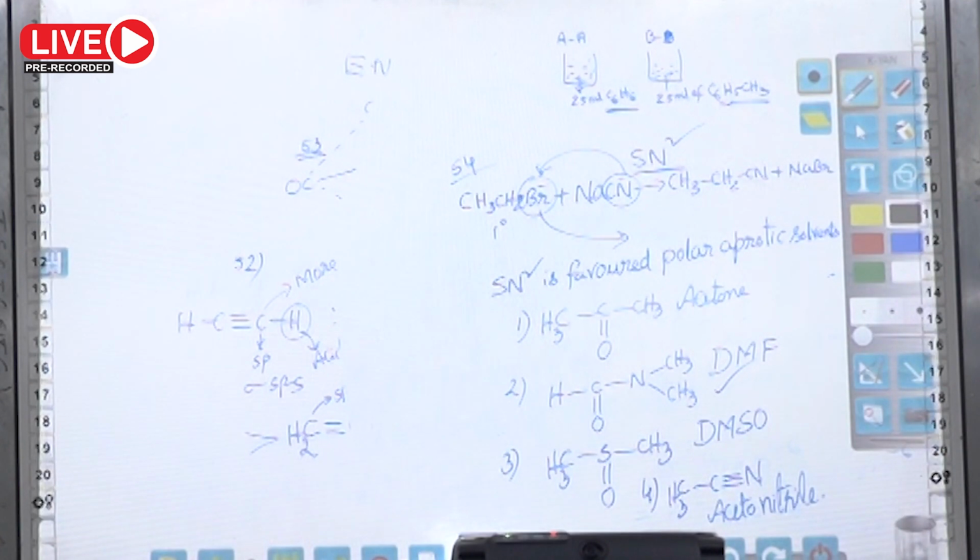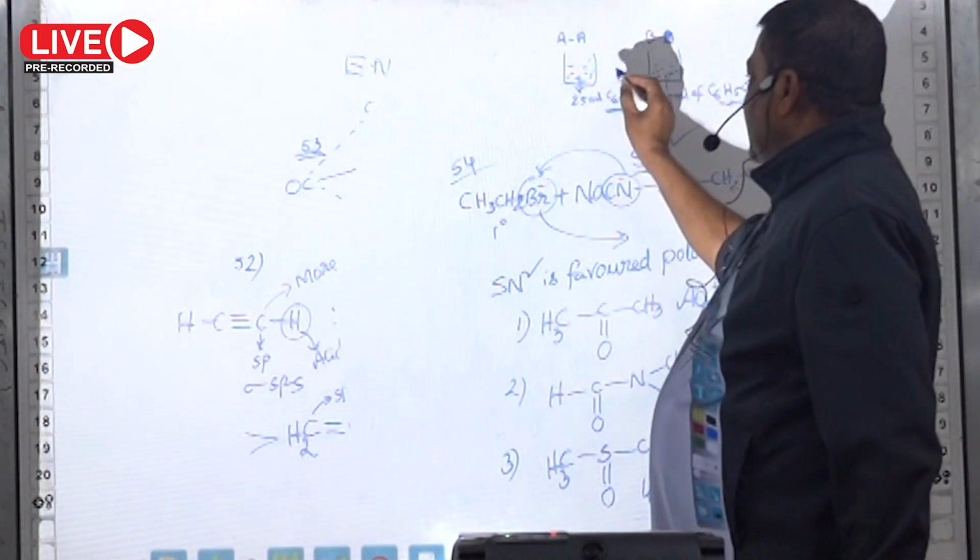The magnitude of molecular interactions in a solution of A type, between one benzene and another benzene, they have attractive or repulsive forces. They are called molecular interactions. So the magnitude of molecular interactions of the two different components must be equal in magnitude. That's why we mix them.